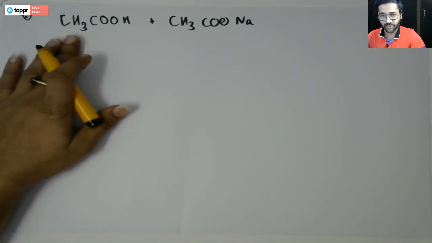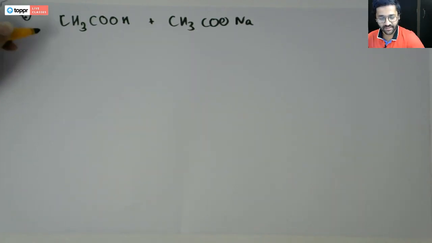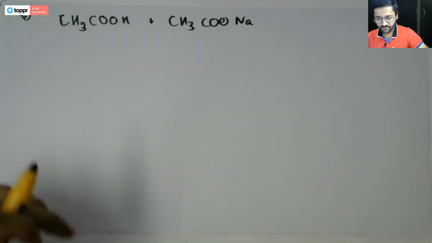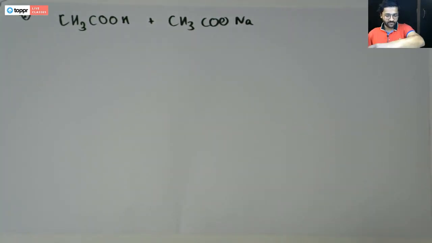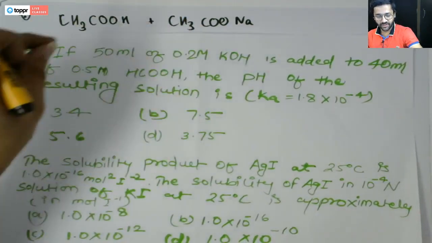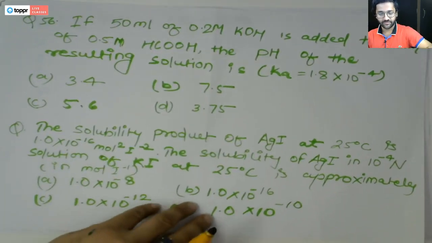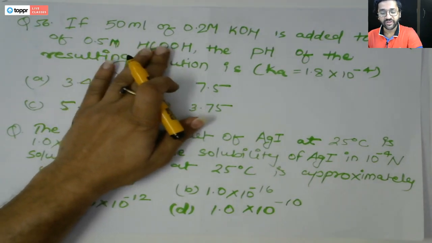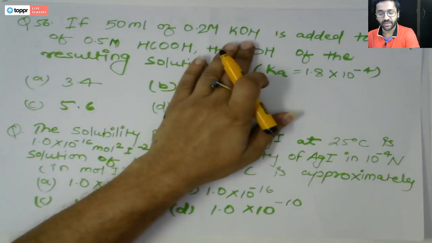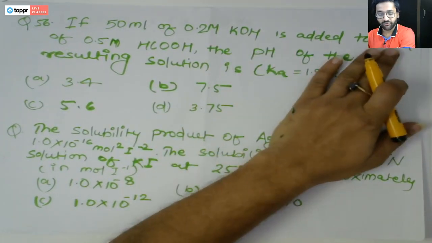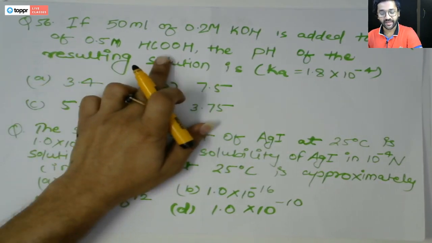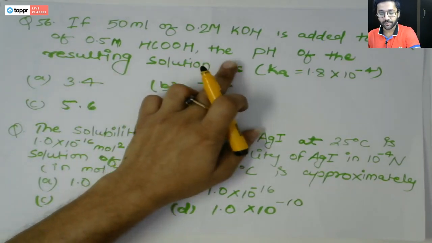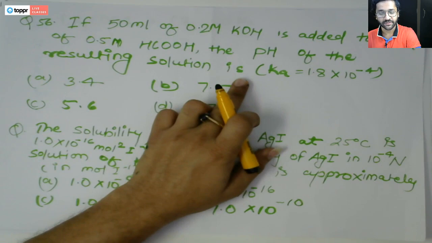So we know how a buffer is formed. Let's discuss a problem here. If 50 ml of 0.2 M KOH is added to 40 ml of 0.5 M HCOOH, the pH of the resulting solution is?